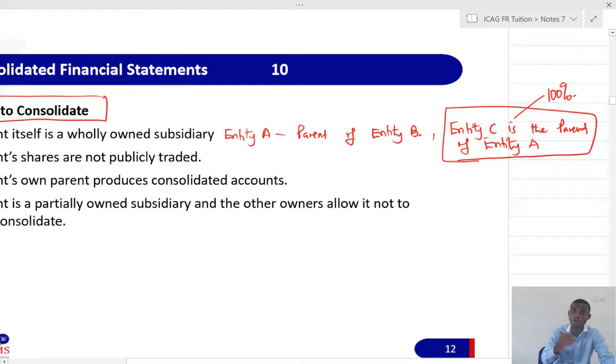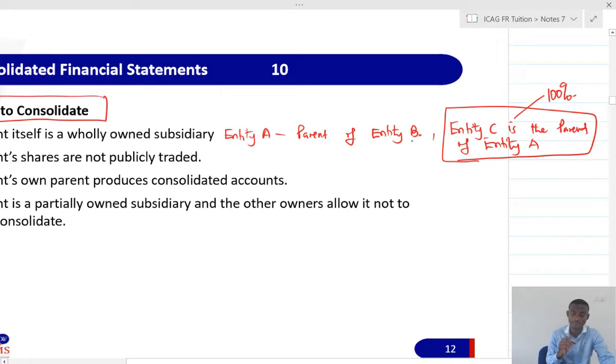That's what we call wholly owned, 100%. Entity C owns all the shares in A. And by this, entity A is allowed not to consolidate B because entity C will consolidate both A and B.